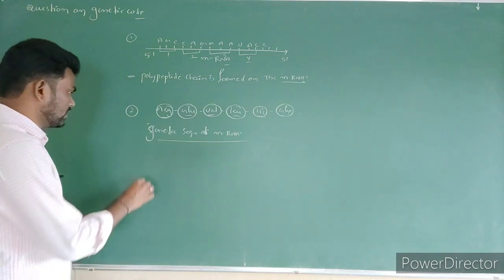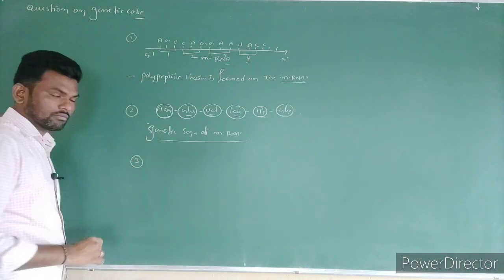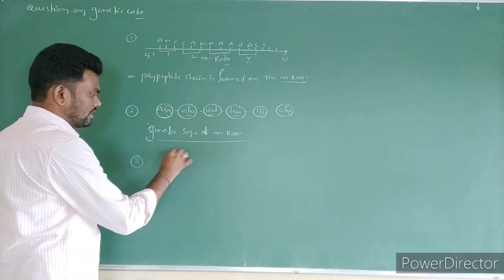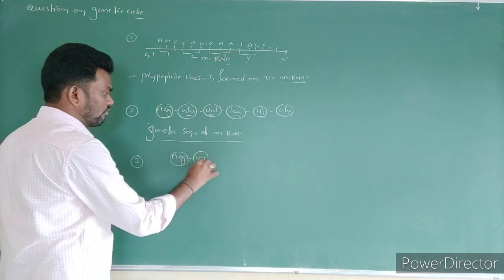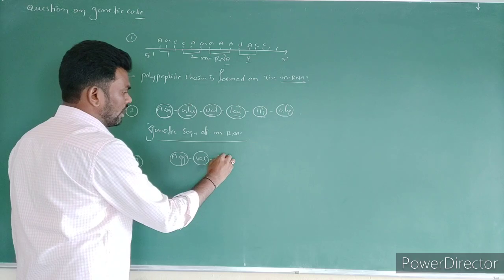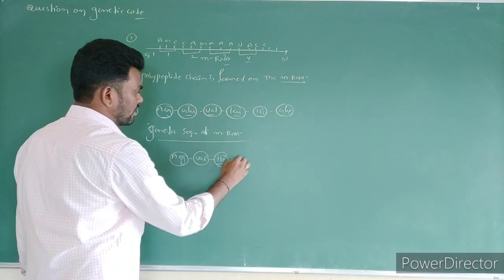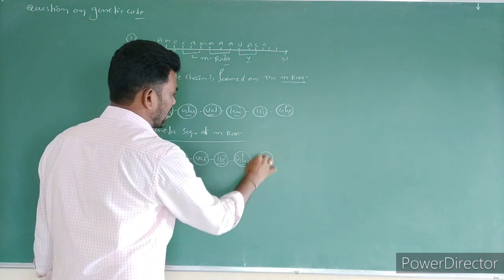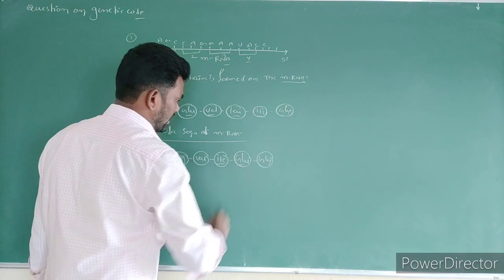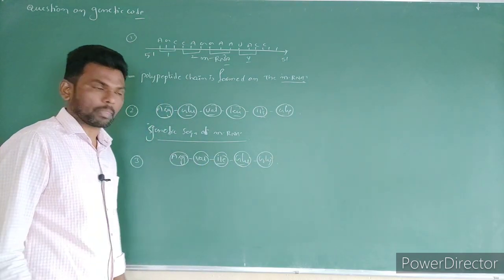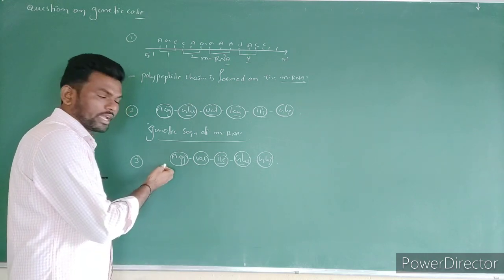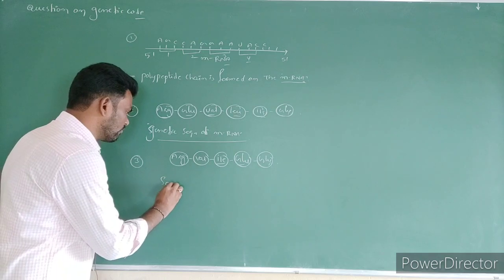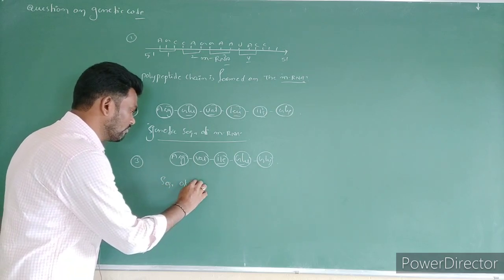The third pattern of the question is where a polypeptide chain is given, with ARG, VAL valine, for example isoleucine, GLU glutamic acid, and GLY glycine. One sequence is given.